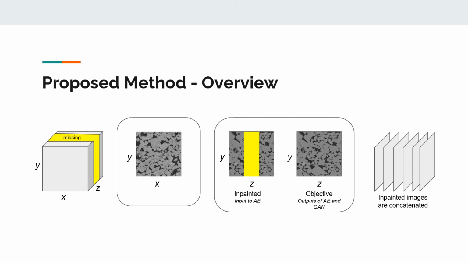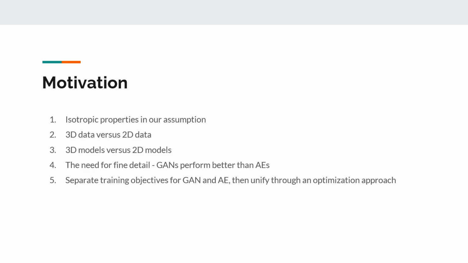What we have done is describe how we can convert such a 3D problem to multiple simpler 2D objectives and solve the problem from a 2D method through AE and GANs. This is motivated by the below points. First, the isotropic properties allow us to consider 2D objectives along any perspective.